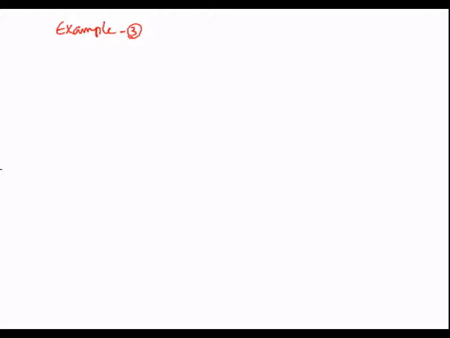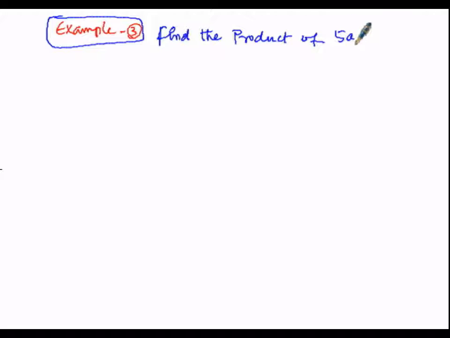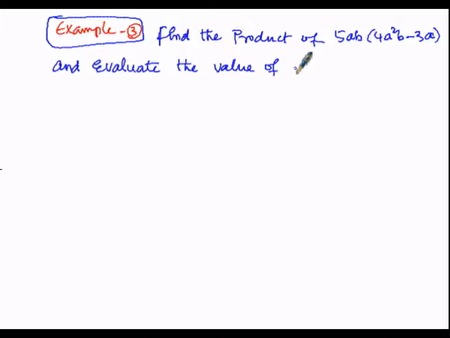In this example, find the product of 5ab into 4a square b minus 3a, and evaluate or calculate the value of the expression which we get by multiplying 5ab and 4a square b minus 3a, if a is equal to 3 and b equals 2.